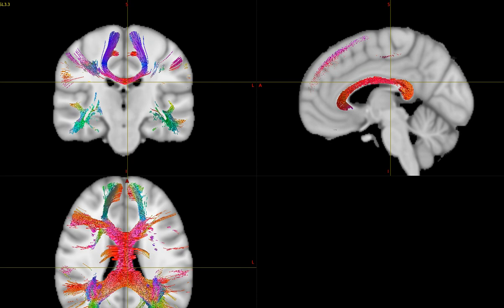The corpus callosum is in fact split into different sections. And we start with the most rostral portion of the corpus callosum, and it's important to note that the most rostral portion is not the most anterior portion.